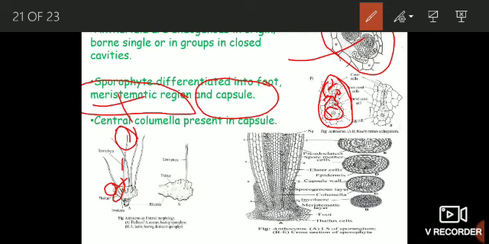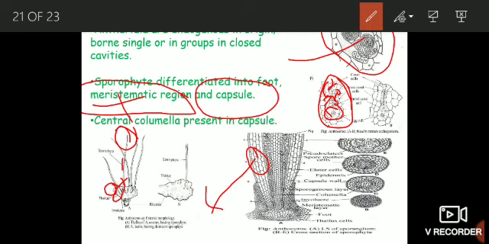One more feature which distinguishes this group from the rest is that the capsule wall is 4 to 6 layered. In Hepaticopsida, the capsule wall is single layered. You have to remember this fact.